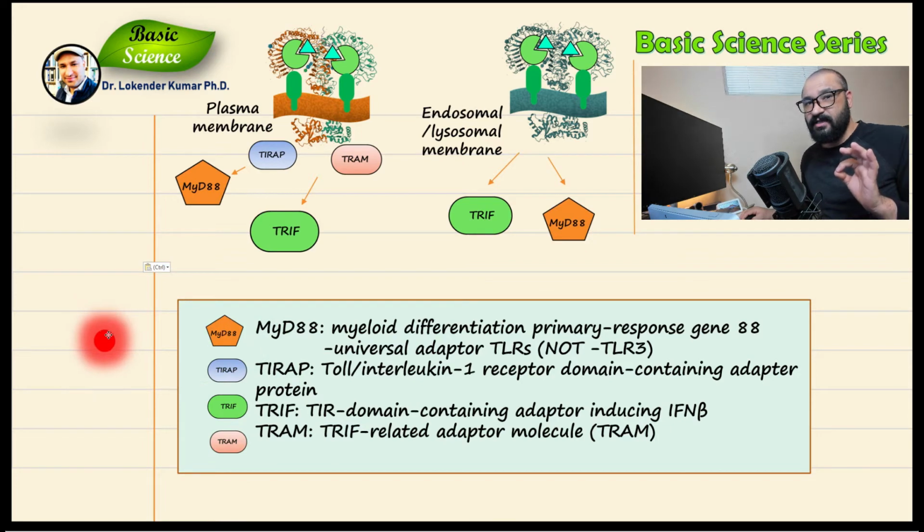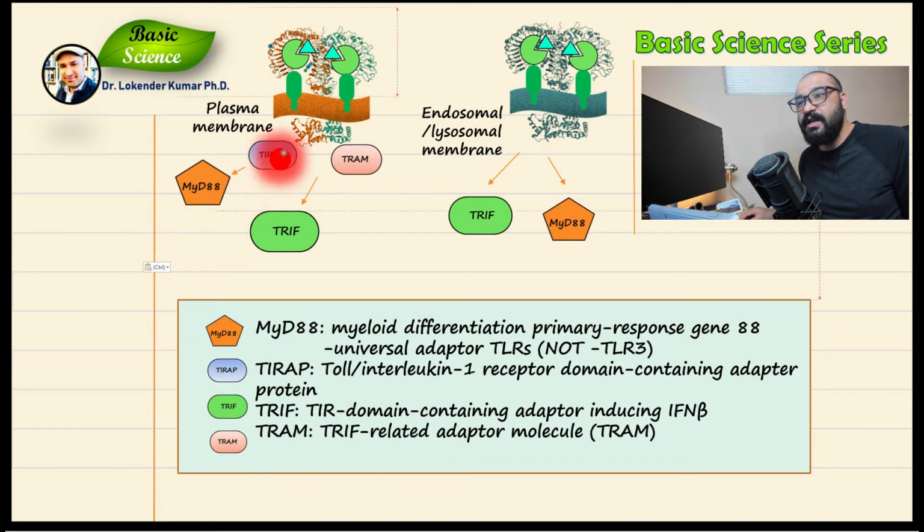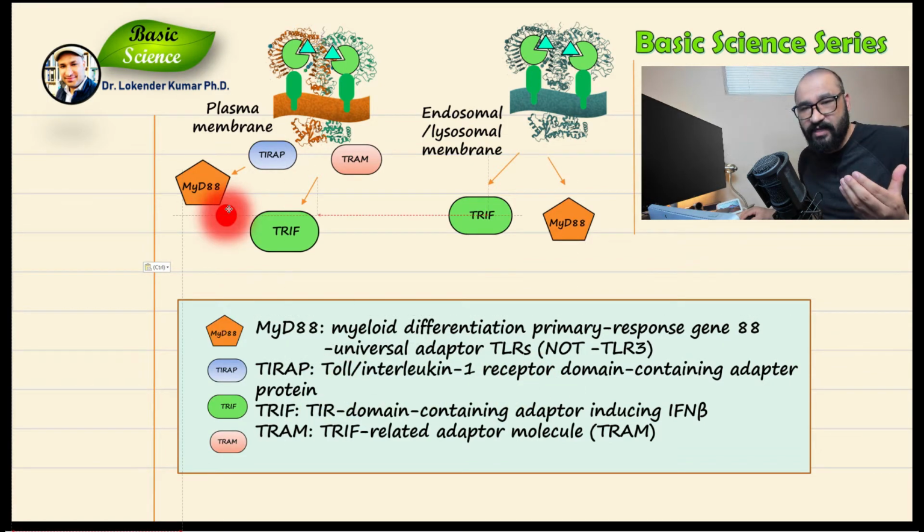This is important information for you, specifically related to the TLR signaling pathway: TLR3 is independent of MYD88-dependent pathways. Now, another protein that helps in the activation is TIRAP, the toll-interleukin-1 receptor domain-containing adapter protein. Because it has this interleukin-1 receptor domain, it's known as TIRAP, and it also helps in the activation pathways.